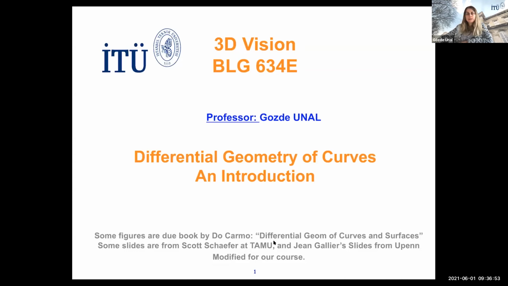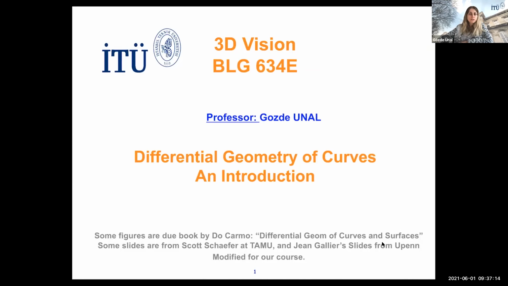I recall during my actual PhD studies, cramming through this book here, Differential Geometry of Curves and Surfaces by do Carmo. I really recommend it. It's a pure mathematics book. It's fun to look at those different curves and surfaces.